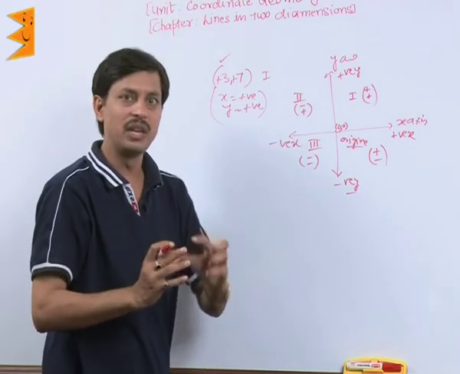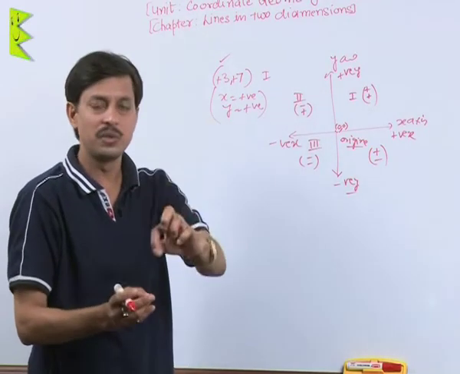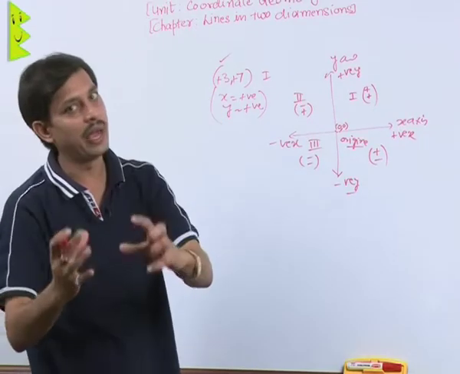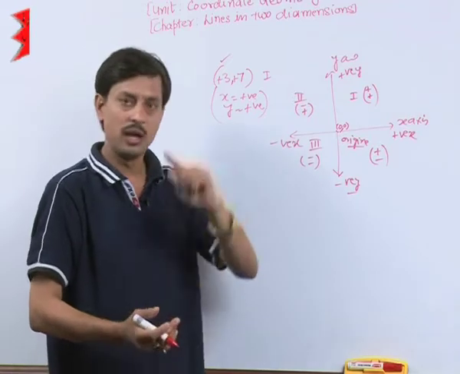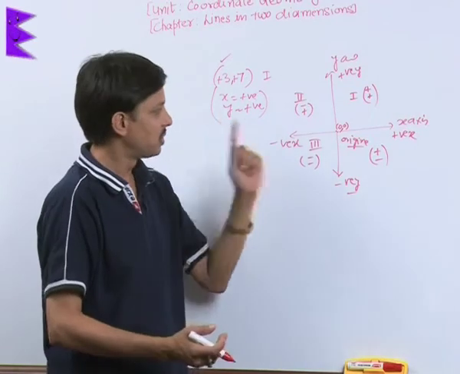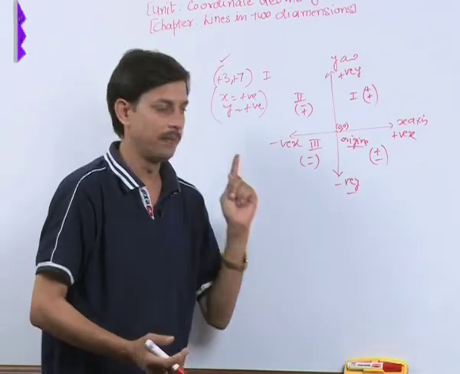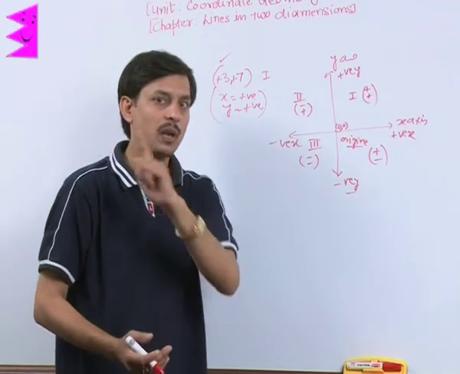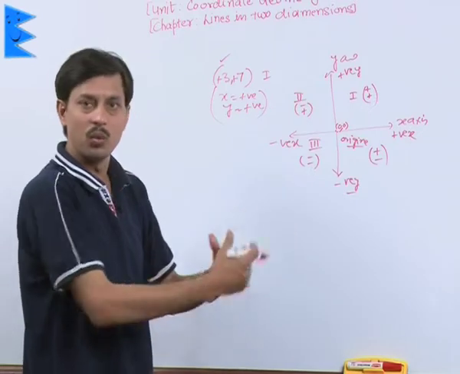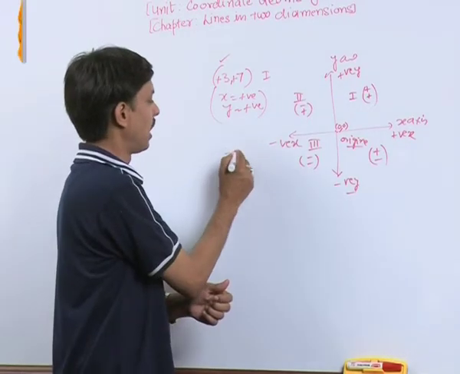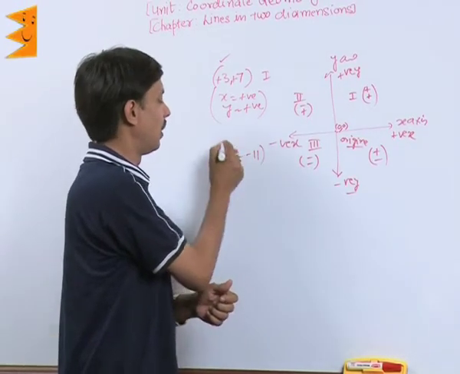So we can simply recognize by observing the signs of x and y. If both are positive, first quadrant. If x is negative, y positive, second quadrant. Both negative, third quadrant. And x positive, y negative is the fourth quadrant. Now one more question: suppose -8, -11.